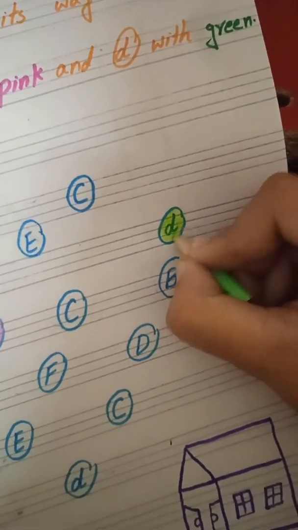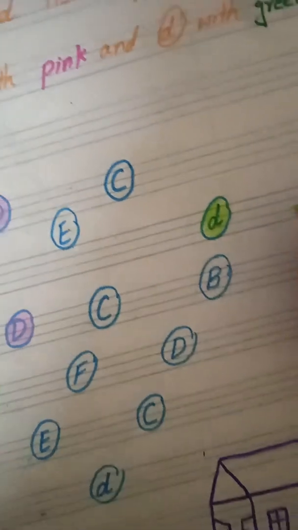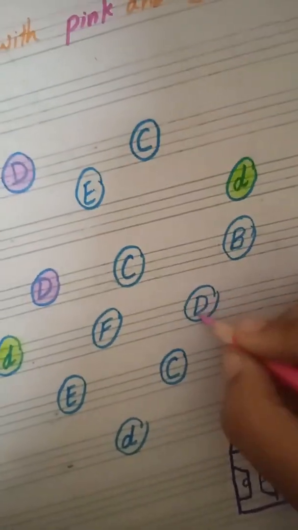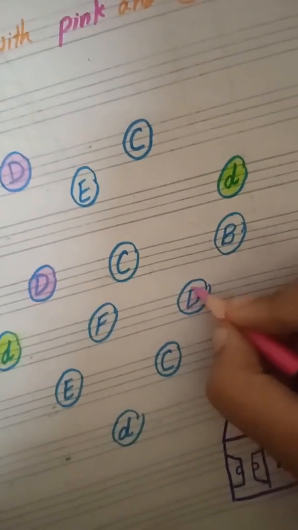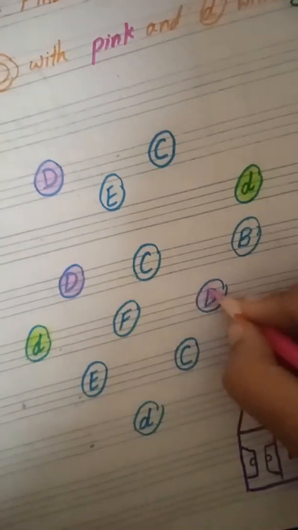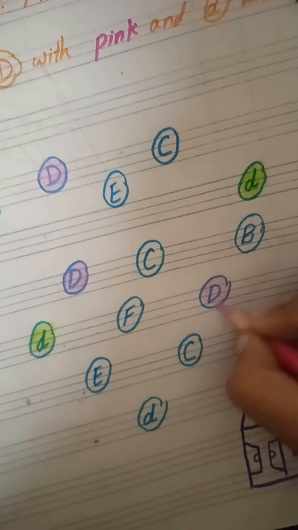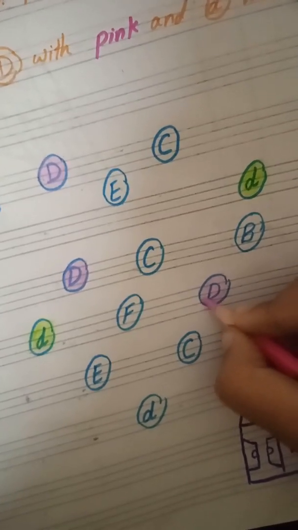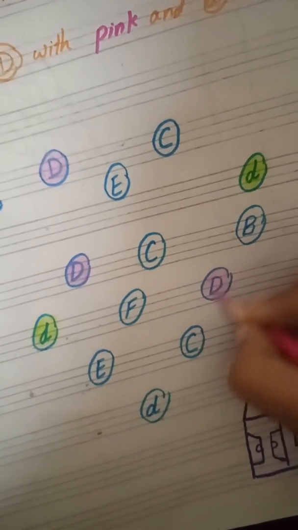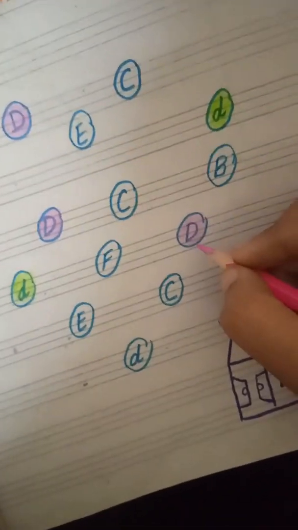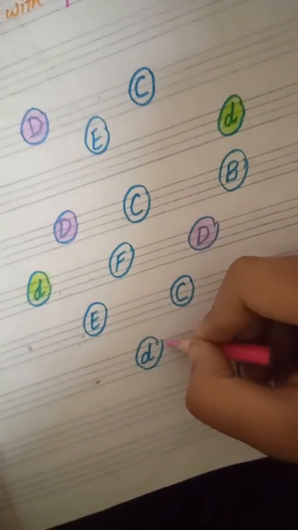Now hold the pink color and color it in the circle of capital D. Now look, here is small d.